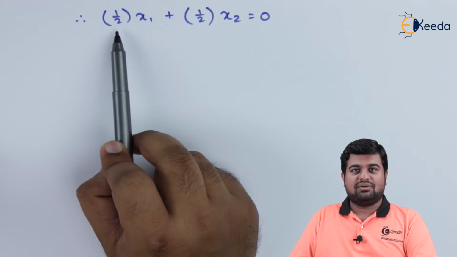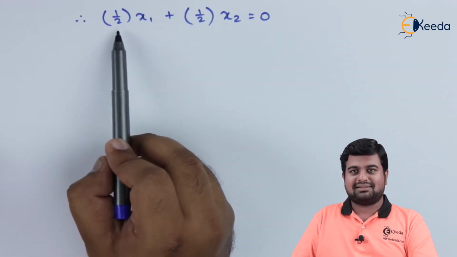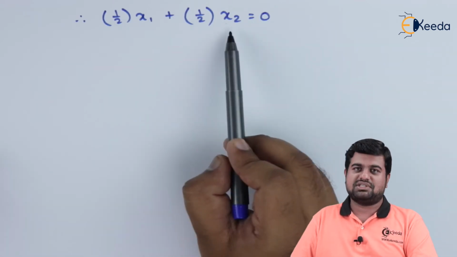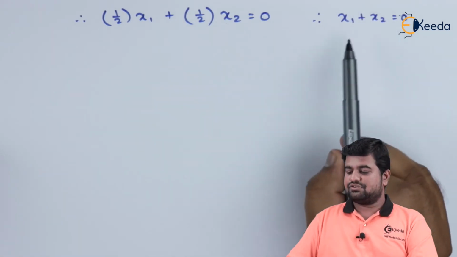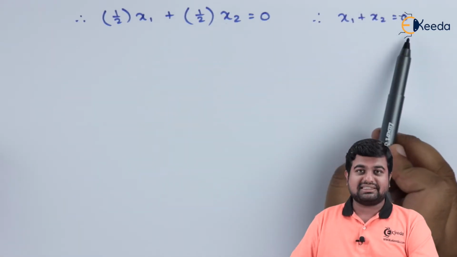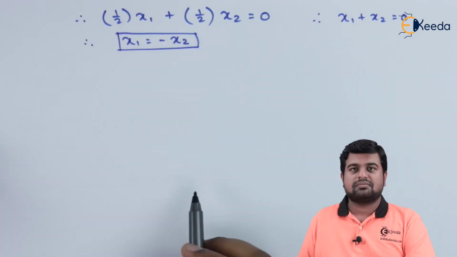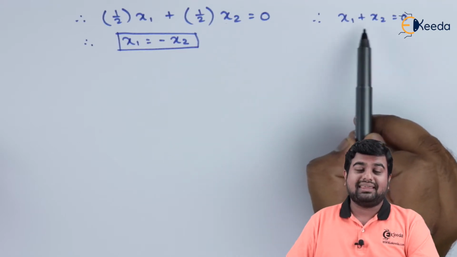So we have 1 by 2 into x1 plus 1 by 2 into x2 is equal to 0. I am going to take this half out and divide by it. So I have x1 plus x2 is equal to 0. This gives me x1 is equal to minus x2. Now we have two unknowns and one equation.